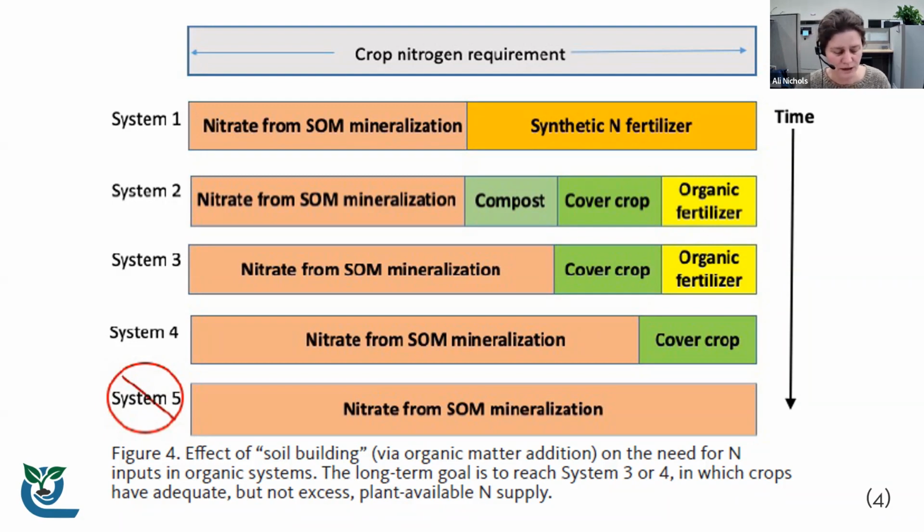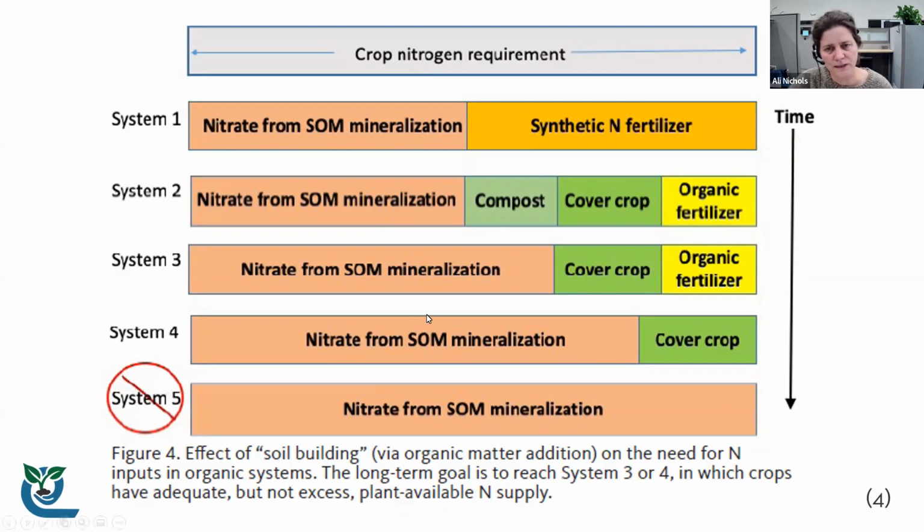Also, if you're supplying more nitrogen to a crop than is needed, really overdoing it and meeting all your need through soil organic mineralization, you may run into problems where you're delaying crop maturity and maybe even increasing crop susceptibility to pest and disease.